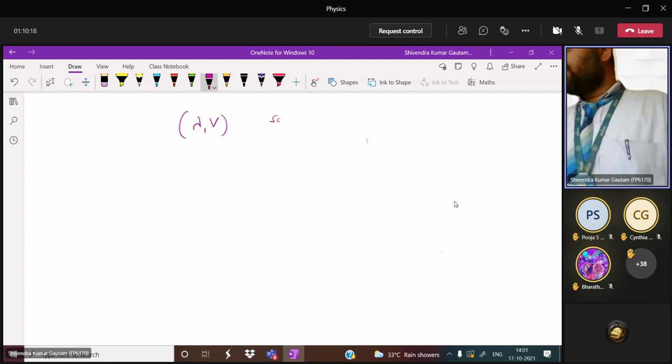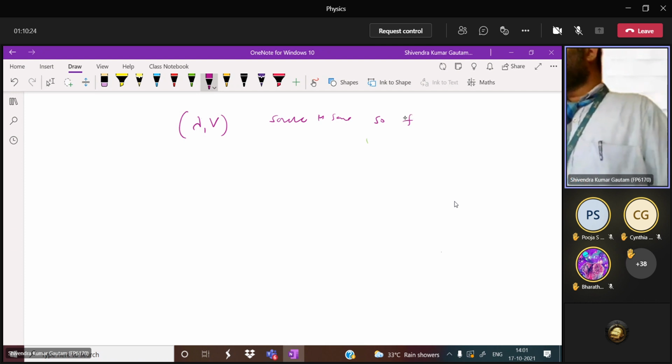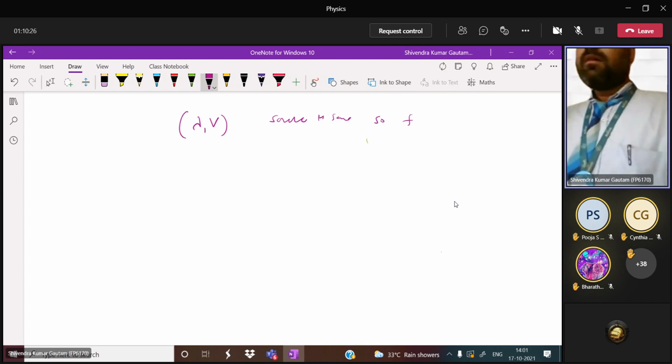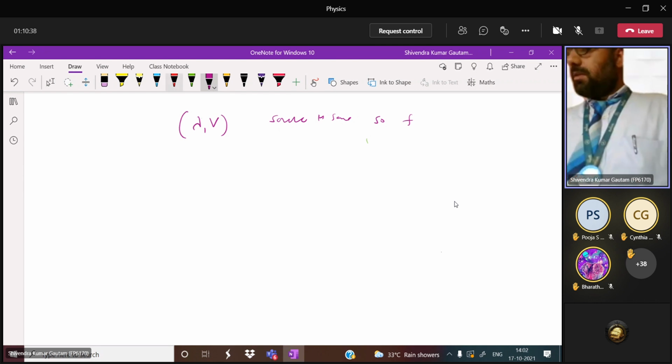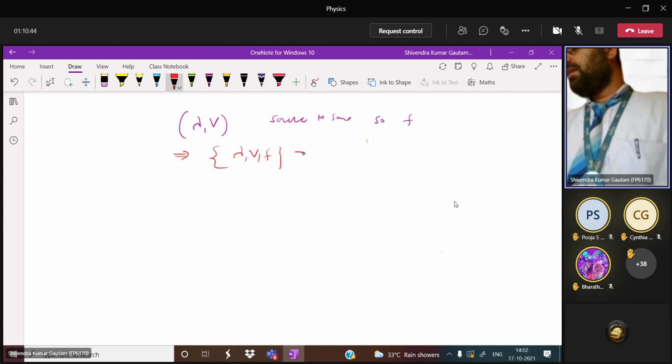And the source is the same, so frequency does not change. Source is the same, so f does not change. So directly you can see that in reflection all remain the same.